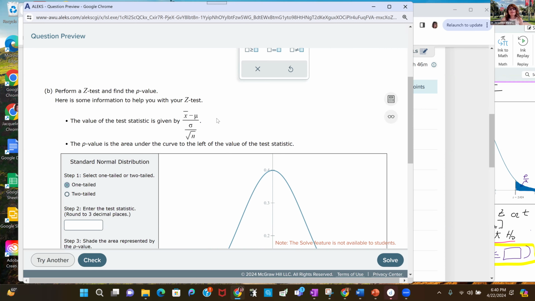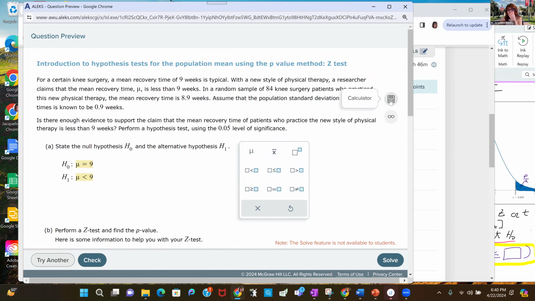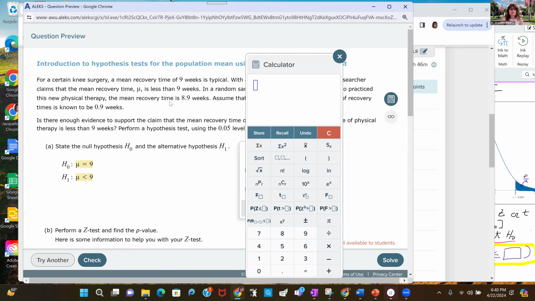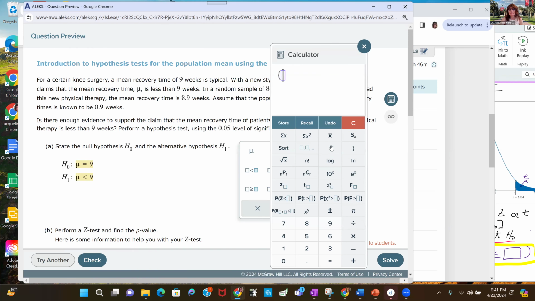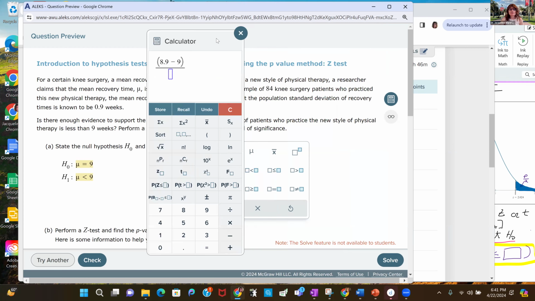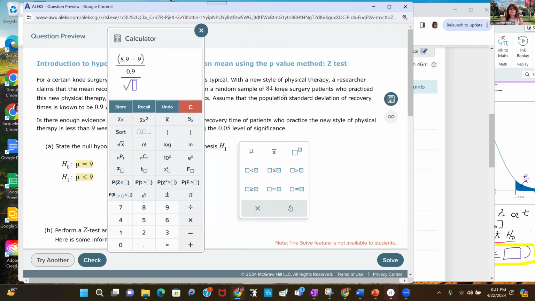And now we calculate that test statistic. The sample mean was 8.9 minus mu of 9, over sigma, the population standard deviation, which is known to be 0.9, over the square root of the sample size, which is 84.